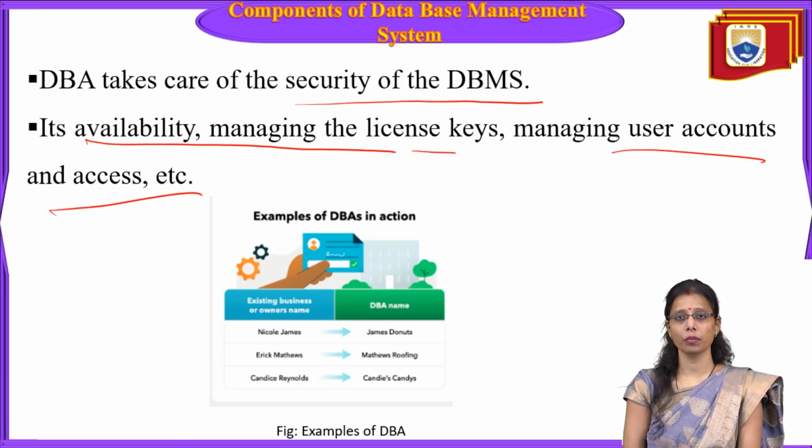We have many components, but these are the most important components of DBMS, which help the users to run the setup of the DBMS. The first one is hardware, the second is software, the third is data, the fourth is the procedure, and the fifth is the people. So five main components. If they run properly, then we can manage the database system.